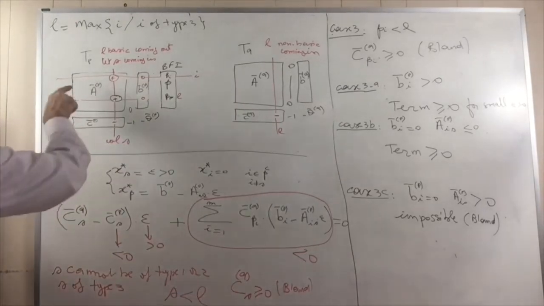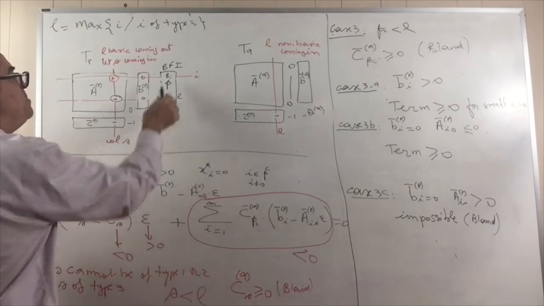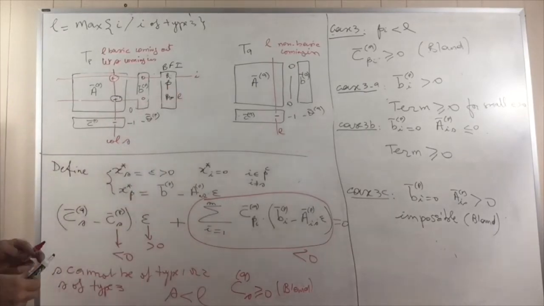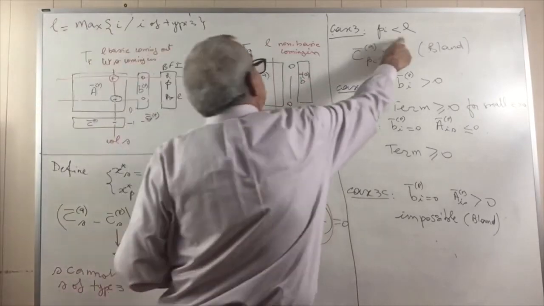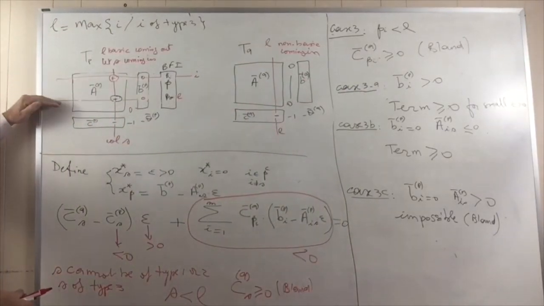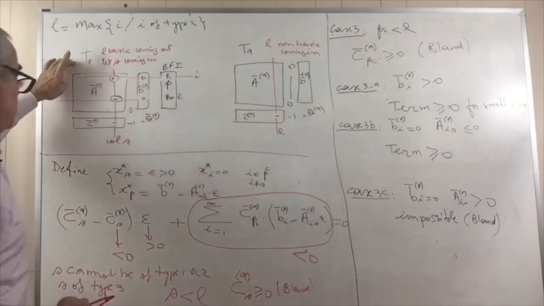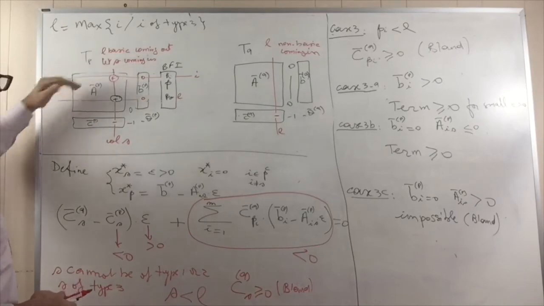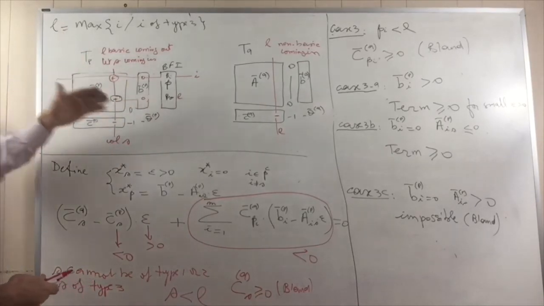You look over to the BFI and you select the one with the minimum index. But in case 3, beta i is less than L, then I would have chosen this row instead of this row to pivot. So that's why this is impossible, because here we are assuming that L is basic and it's coming out. So this case cannot happen.